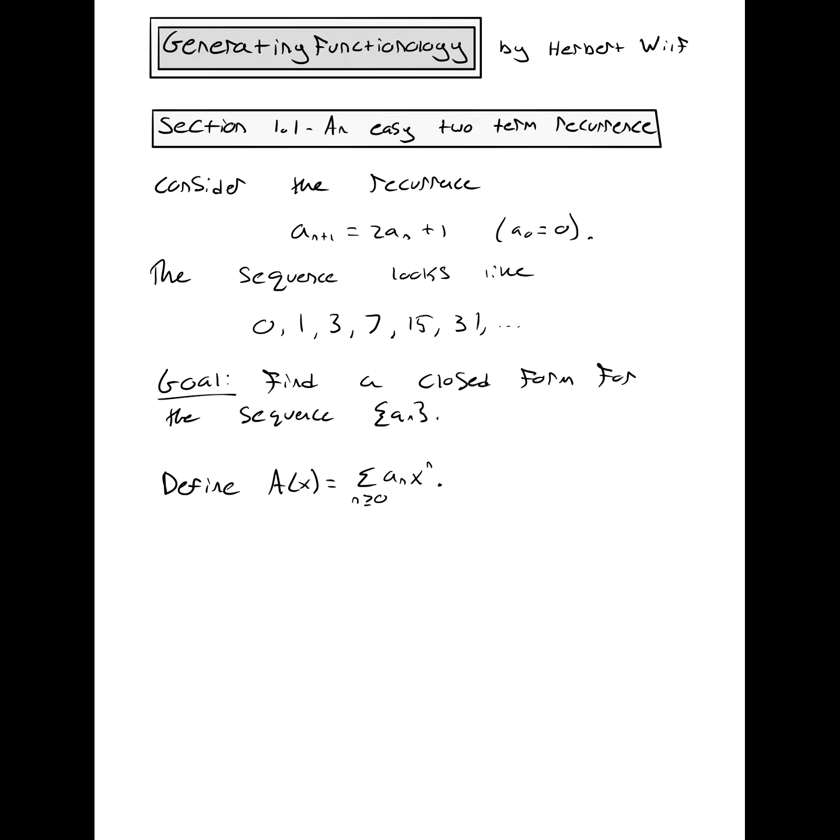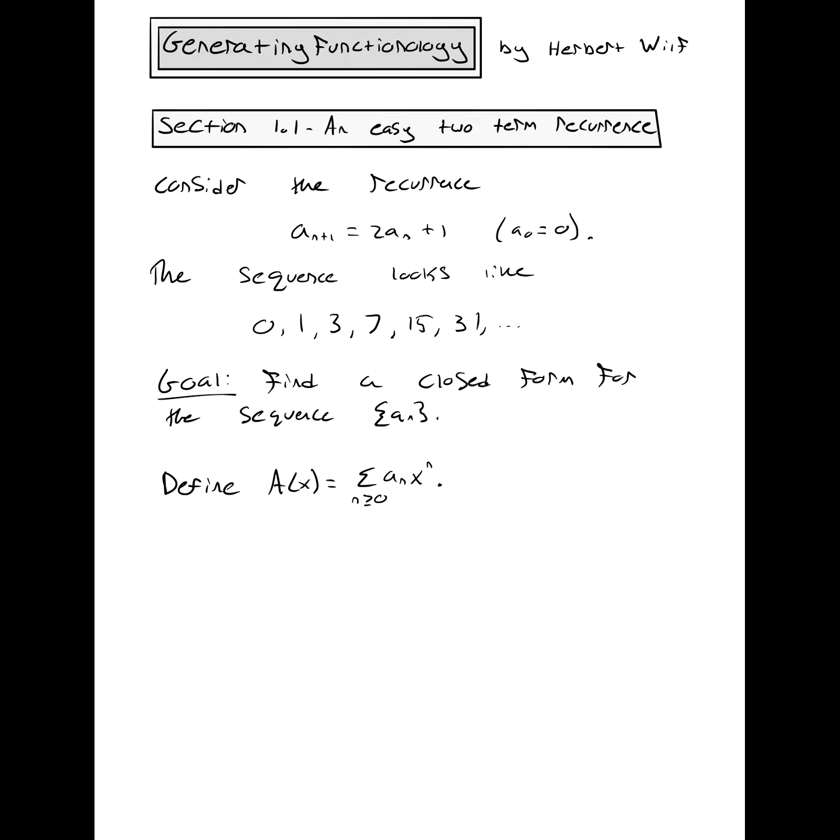The weird thing is we don't really worry about convergence here. Most of you, if you're taking analysis or even just calculus, you might be worried that A of x might not converge. But really, we're dealing with this formally. We don't really care if it converges.